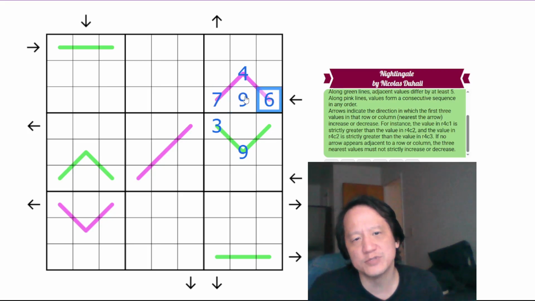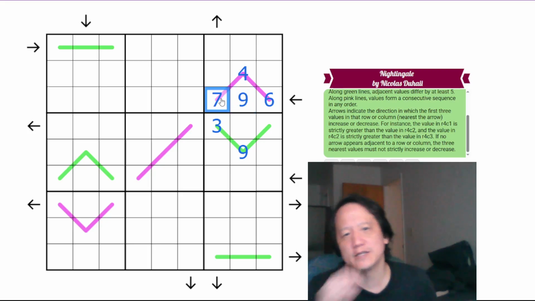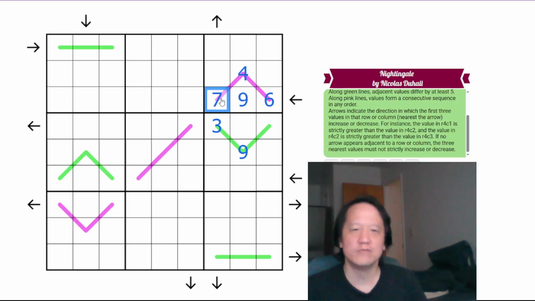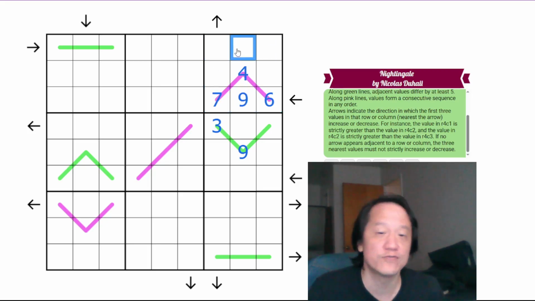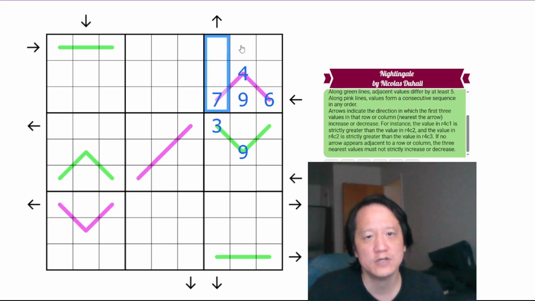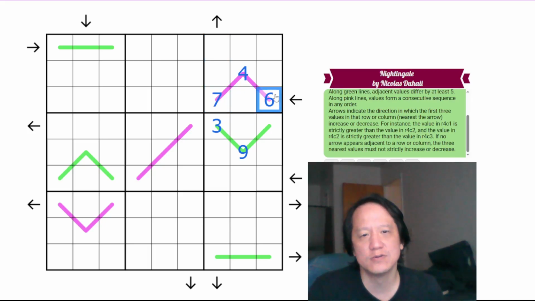It's increasing from 6 to 9, but then decreasing from 9 to 7. And that would be for the first three cells in each row and column that does not have an arrow. So this is not valid here for that to be the case.